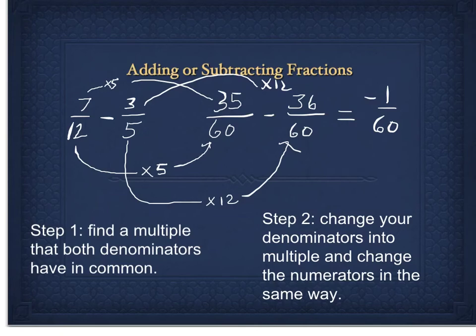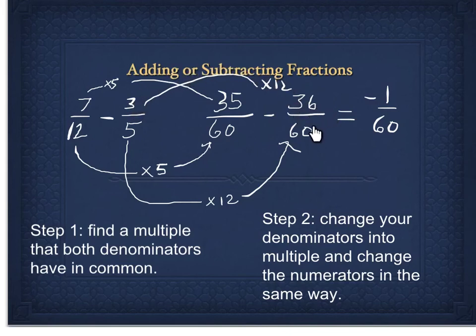Now 7 over 12 is equal to 35 over 60. These are called equivalent fractions. Now, let's go to the second fraction. In order to change 5 into the common multiple of 60, I have to multiply by 12. So I have to go to the numerator that the 5 shares the fraction with, and do the same thing. I have to multiply my numerator also by 12 to get to 36.